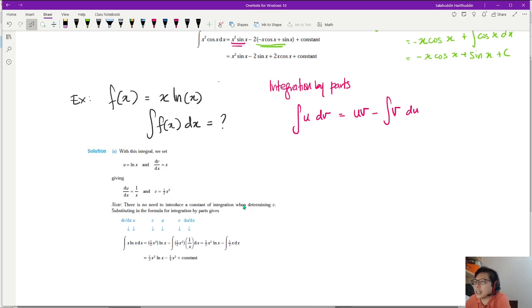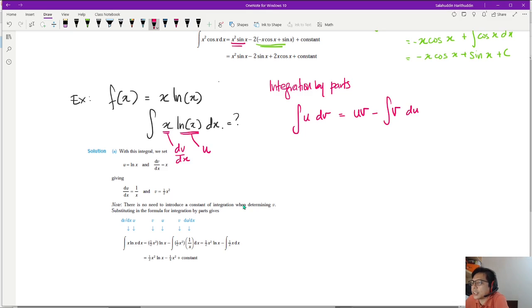In this case, I'm setting up x natural log of x, with natural log of x as u and x as dv/dx. It's easier that way.